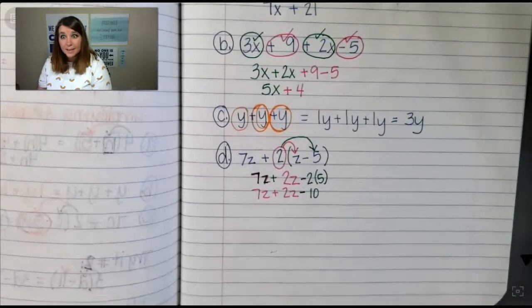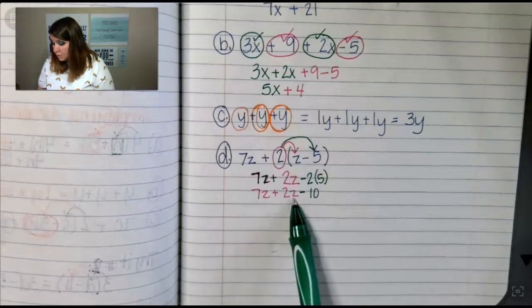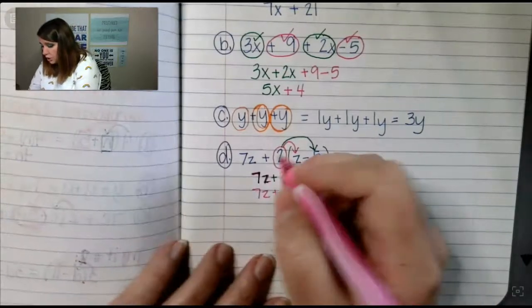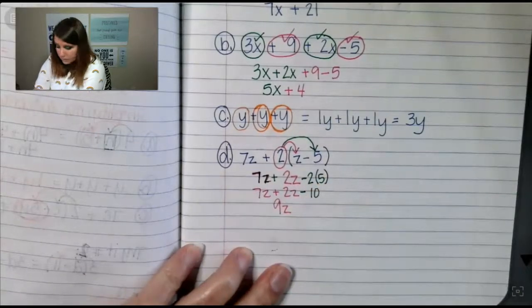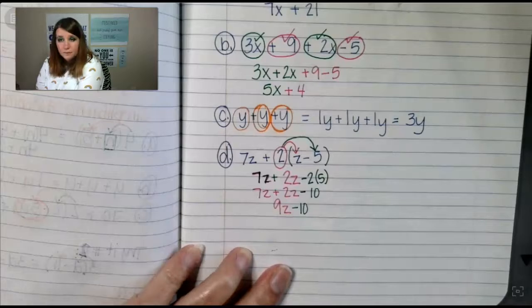Now let's combine like terms. 7 plus 2, because those both have z's on them. 7 plus 2 is 9z minus 10.